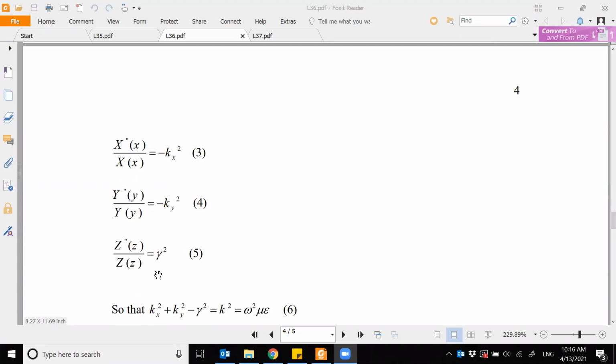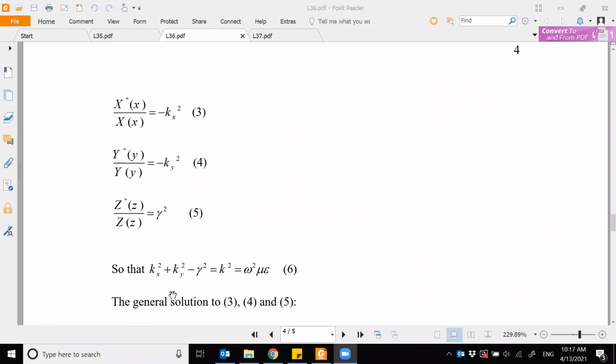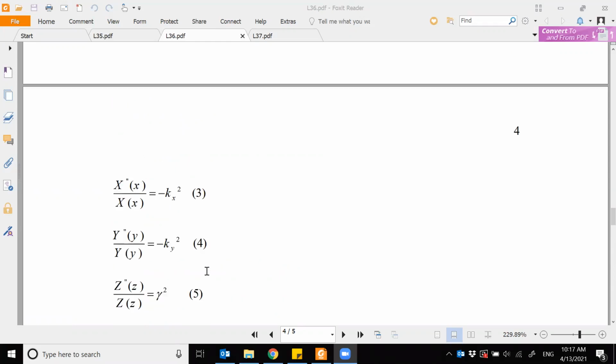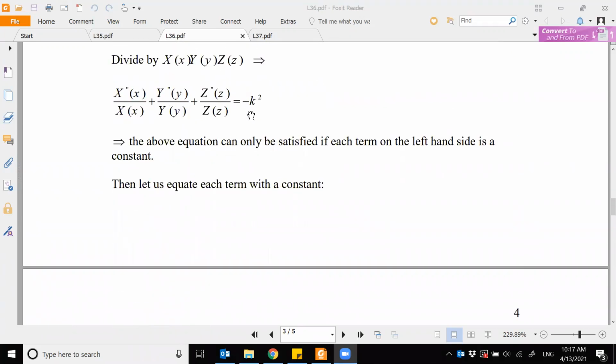And I'm doing it in such a way that these 3 constants, kx squared plus ky squared minus gamma squared, will become equal to k squared. See, this is on the right hand side.